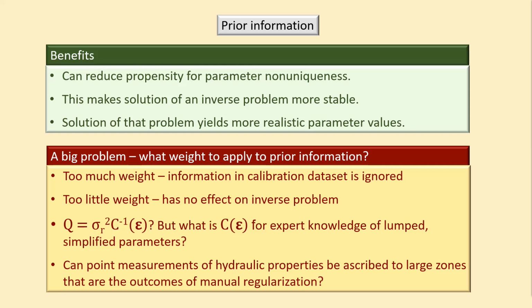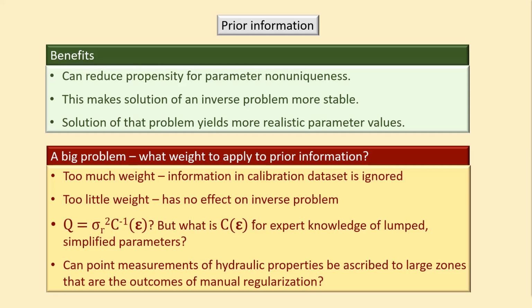So there's a problem here in that manual regularization demands lumping and averaging of parameters, and this tends to make it difficult to include point estimates of values of parameters in the inverse problem.